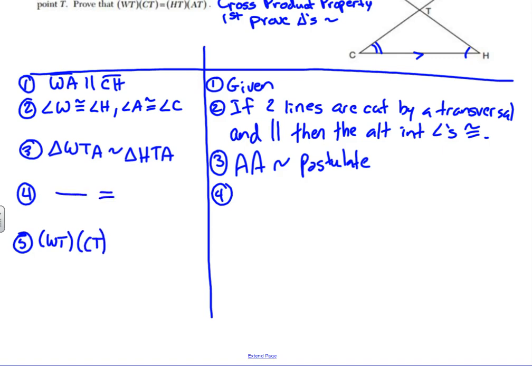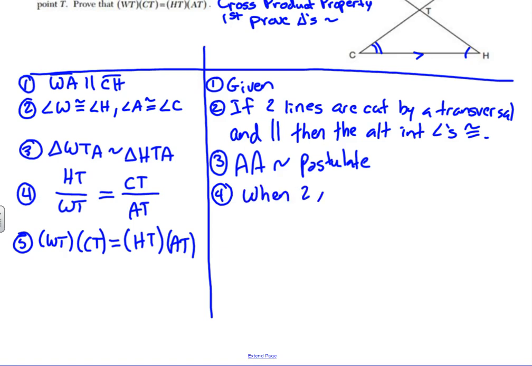So in my proportion, I know that WT and CT need to be opposite each other, on the diagonals, and then HT and AT will be the extremes. Okay, so again, when two triangles are similar, their corresponding sides are proportional.